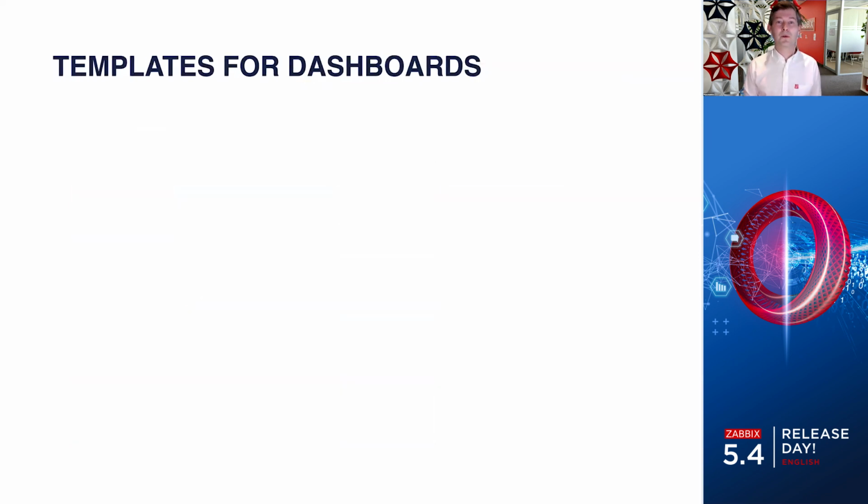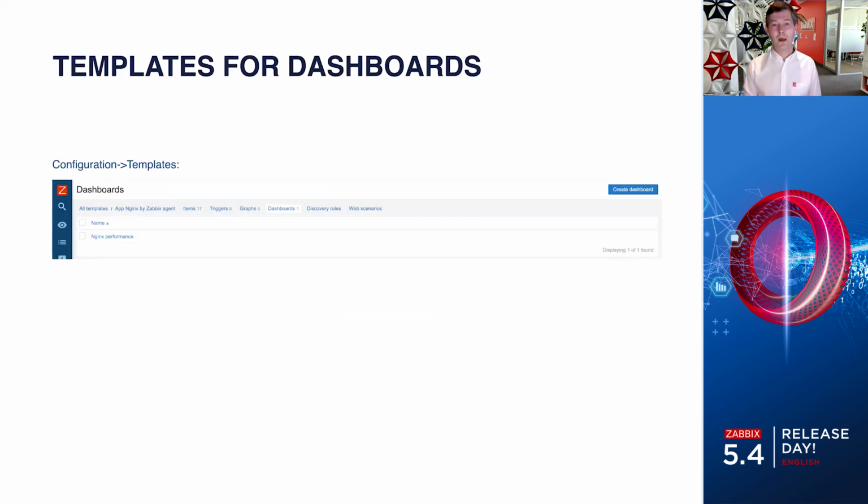And now we also introduced the dashboards for templates. Okay? So in configuration of a template, for example, in my case, I have an Nginx performance template, the template for Nginx monitoring, and I have a dashboard called Nginx performance. All right, one dashboard here.